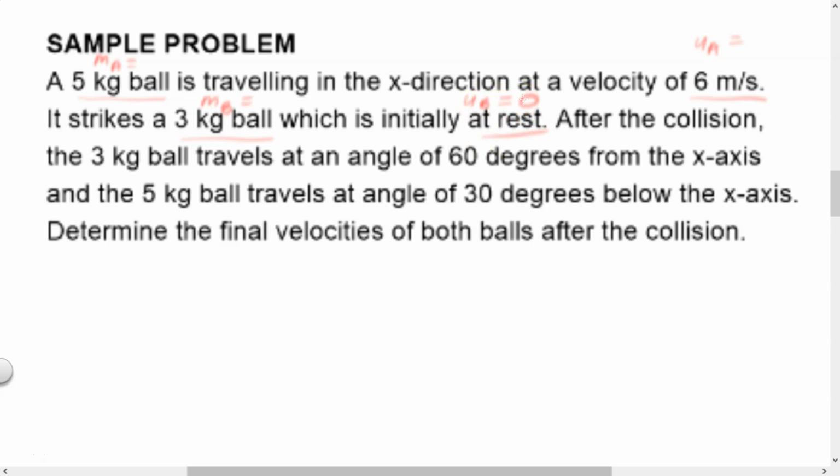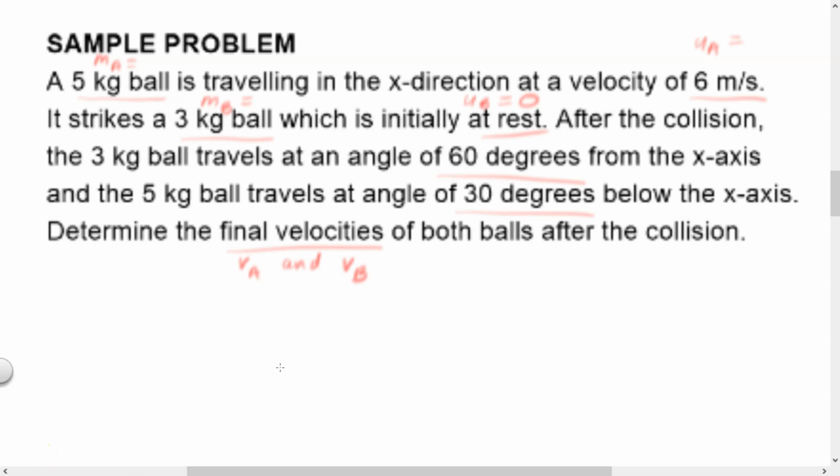After the collision, the 3 kilogram ball travels at an angle of 60 degrees from the x-axis, and the 5 kilogram ball travels at 30 degrees below the x-axis. Determine the final velocities of both balls after the collision.